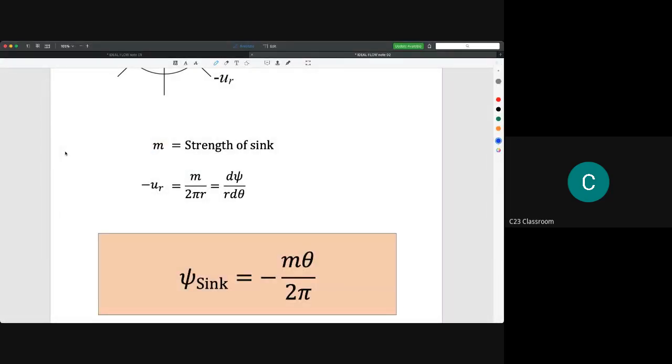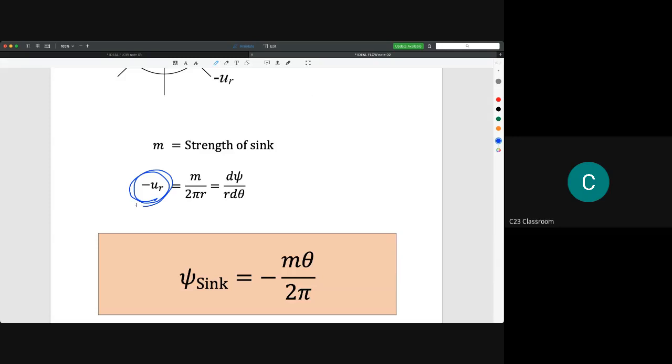calculation is actually exactly the same as the previous notes with the source, but you need to put a negative sign in your u_r, because normally when your u_r is expanding from the radial side, it will give you a positive value.